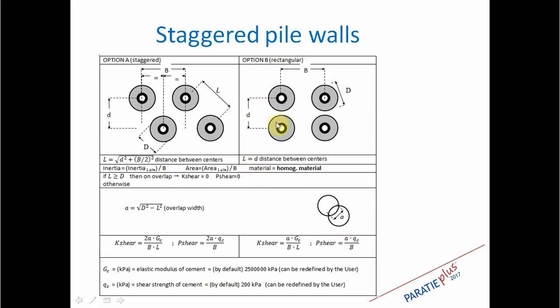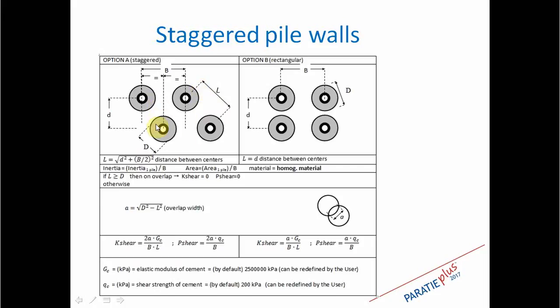These are the criteria that can be used to determine the possible resistance and stiffness of the connection between adjacent piles.